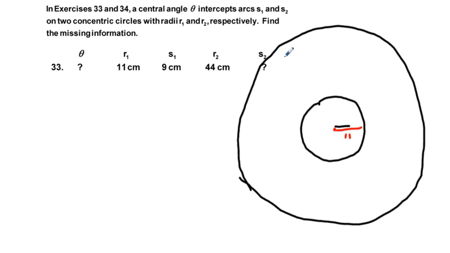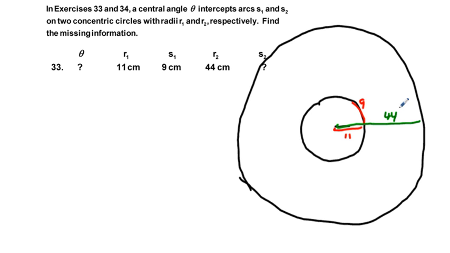We'll call this 44. And we have S1, which is our arc length. I'm going to draw it in red, and it is going to be 9. So I draw this little arc length of 9.